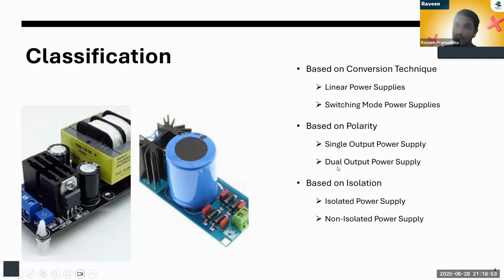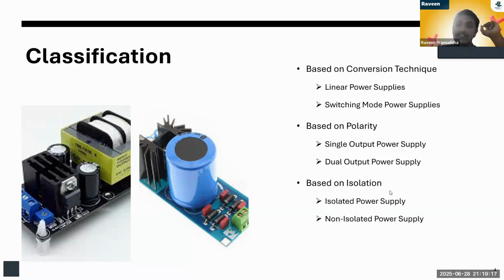Also, based on isolation techniques, we can divide them into two categories: isolated power supplies and non-isolated power supplies. Those are the main classification categories.